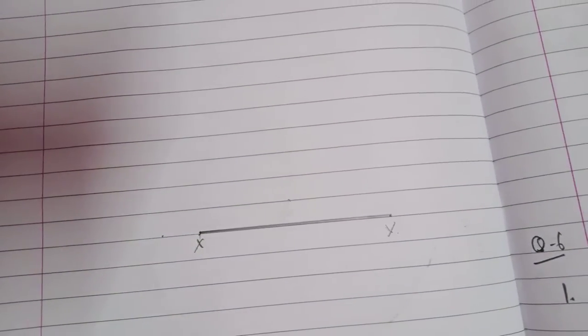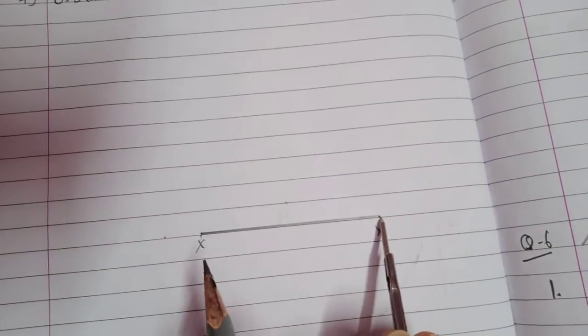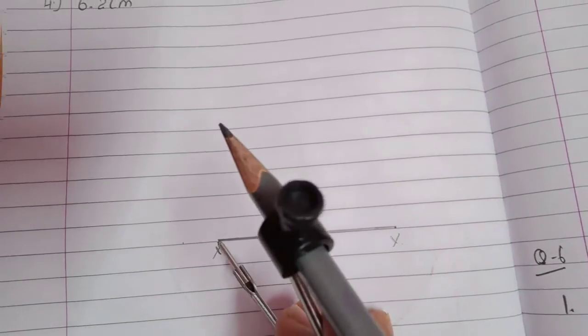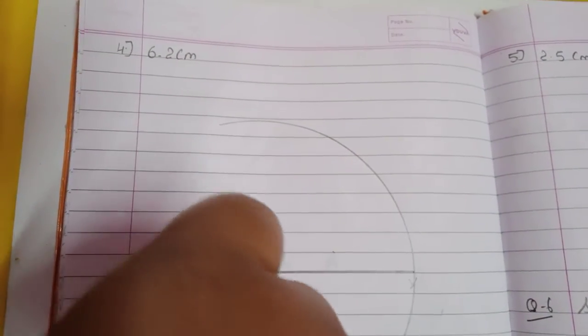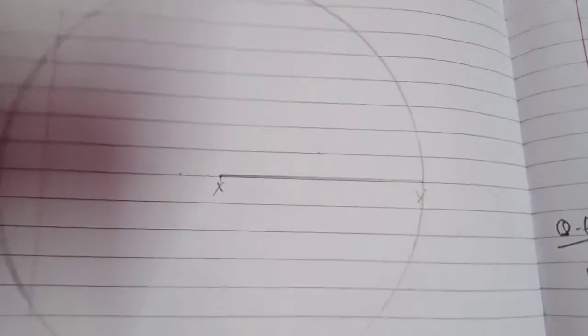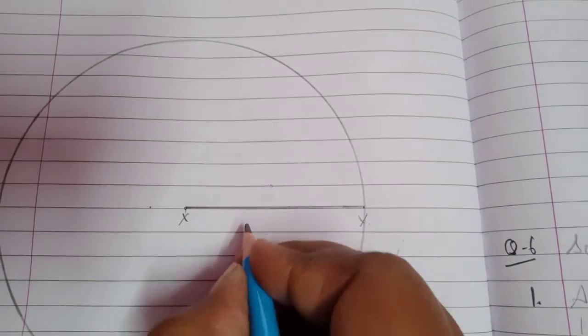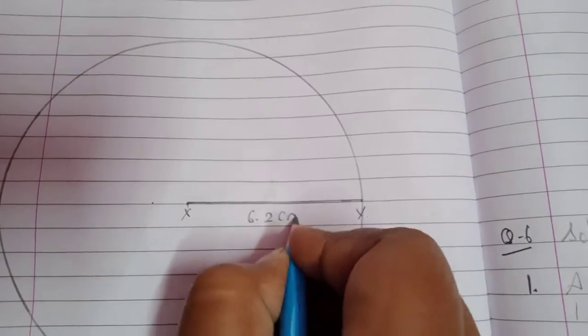So we will give the name XY, and now we have to measure this radius with the compass, and we have to draw a circle. So this is a circle of radius 6.2 centimeter.